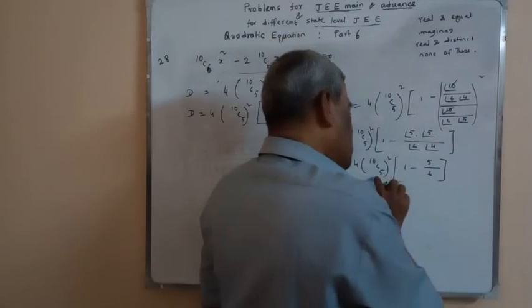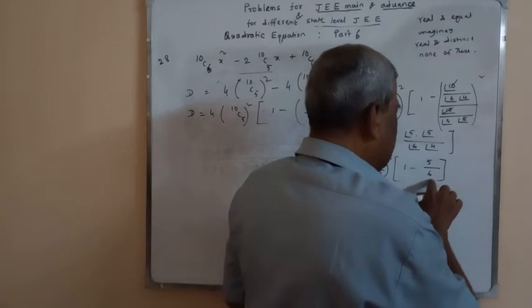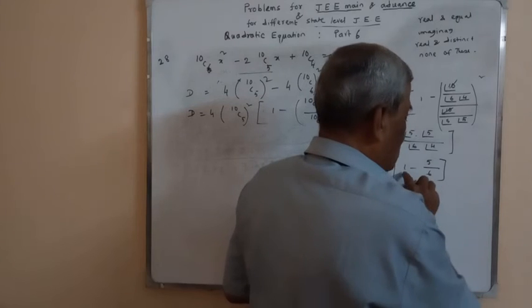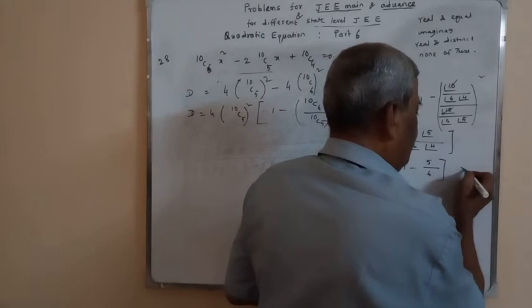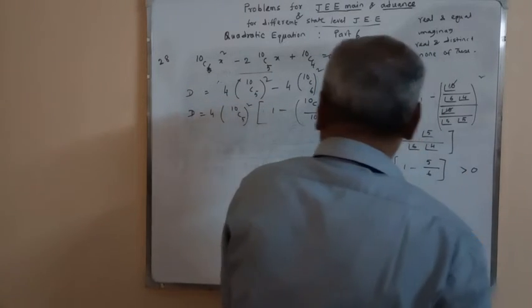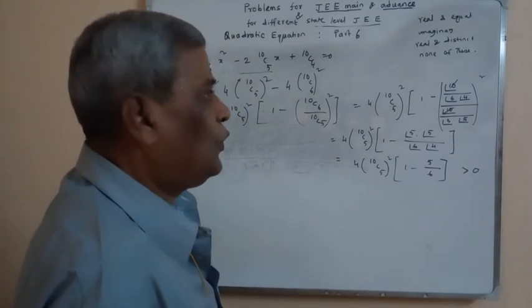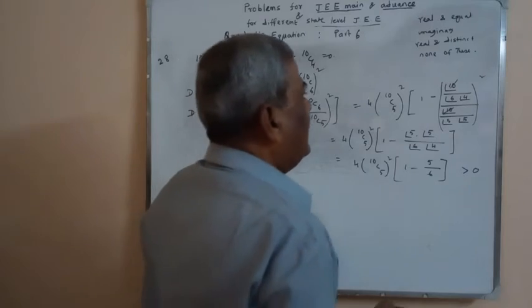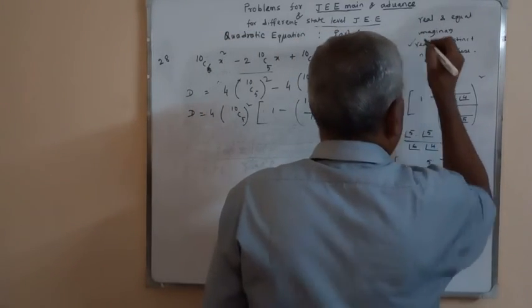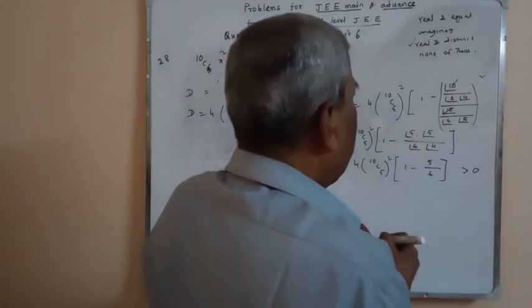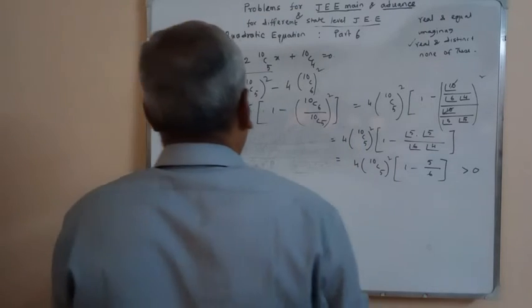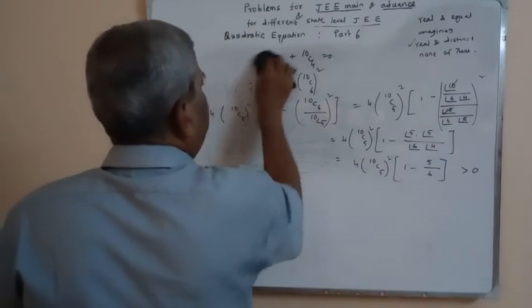So now you see this is positive and 5 by 6 is less than 1, so this is positive. So we get discriminant is positive. Therefore, roots are real and distinct, real and unequal. Option C is our answer.